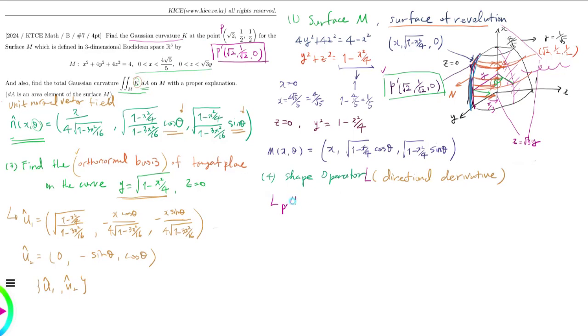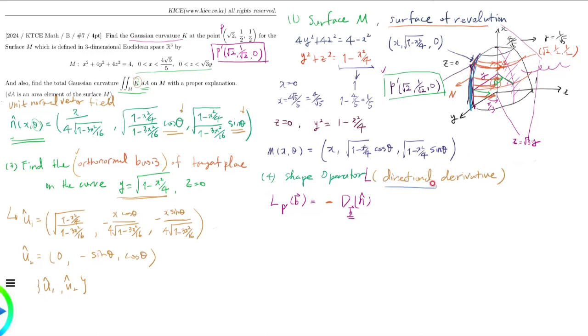The shape operator in the direction of B is nothing but the directional derivative of the unit normal vector with respect to the B direction, and we put a minus sign on it.